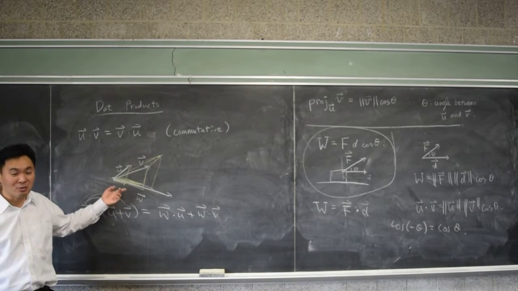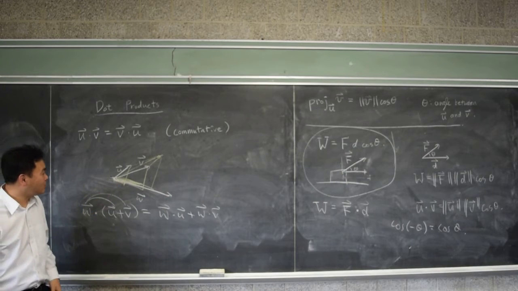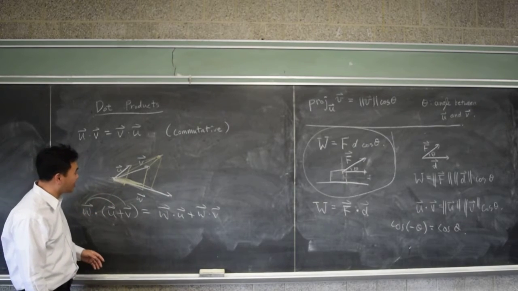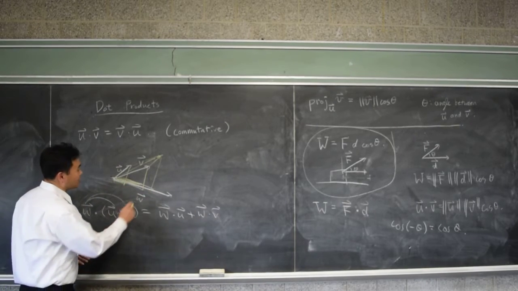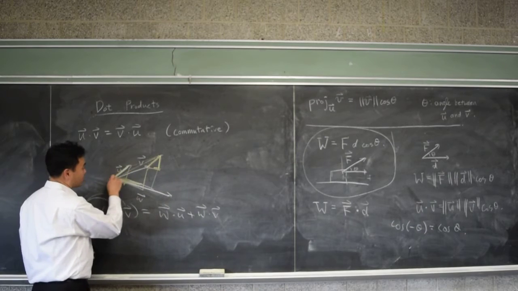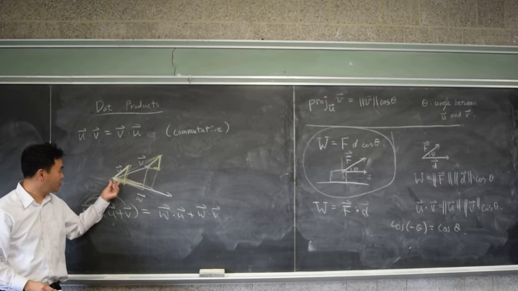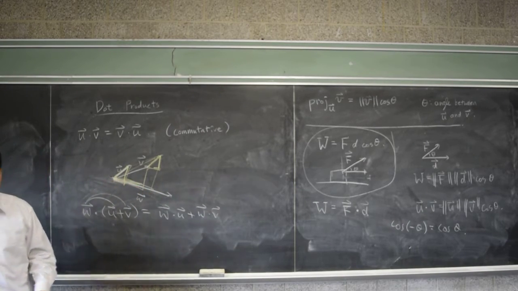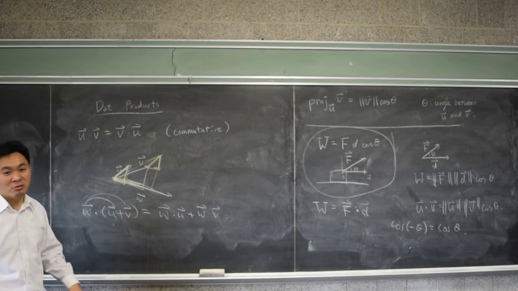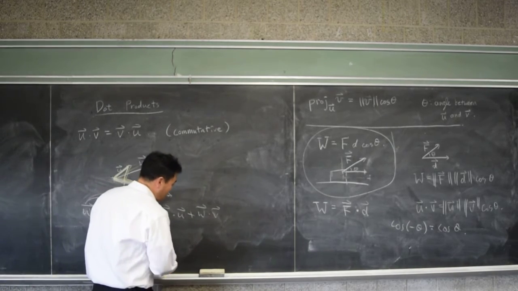Looks convincing, right? Or if you don't agree, you can at least show that this length is the same as that by showing that these two triangles are congruent. So you can geometrically prove that this length is the same as that length. Therefore, this plus that is the same as this plus that. I didn't actually write out the proof, but it is true. So you have this distributive property.